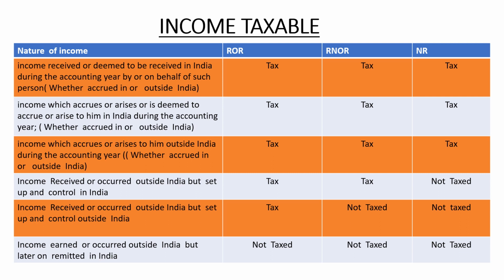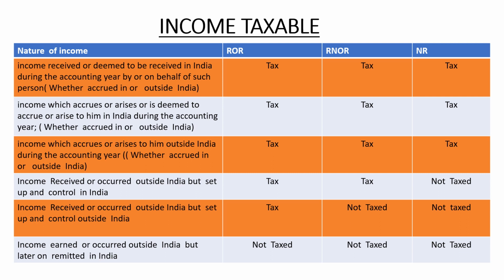Then also the ROR, RNOR and NR categories will pay the tax. Third is income which accrues or arises to him outside India during the accounting year, whether accruing in or outside India, all three categories will pay the tax.